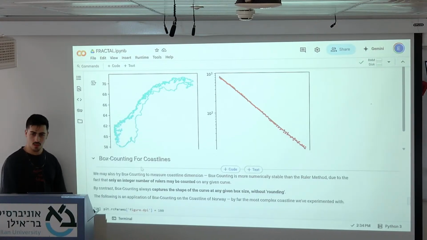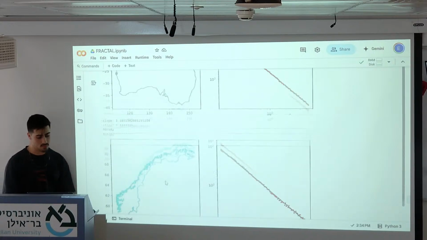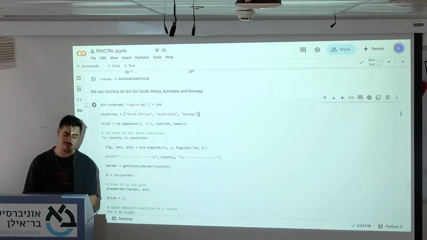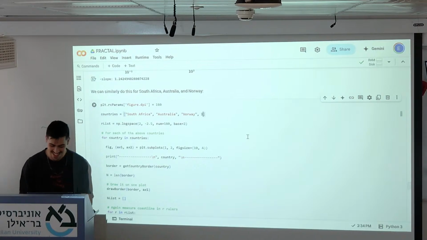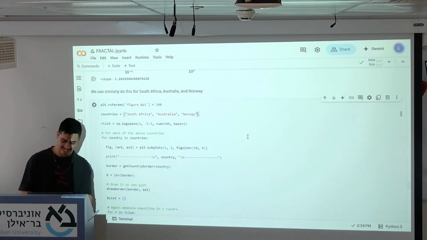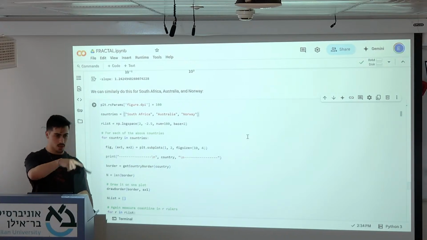Why didn't you do it for Israel too? Yeah, good point. Can we do Israel? If they have it in the library. They do, but they don't include Judea and Samaria. Really? So don't do it then. But for the coastline, it doesn't matter. Oh, but it's not the coastline, it's the border. Yeah, because a coastline is a line, it's not a closed shape.